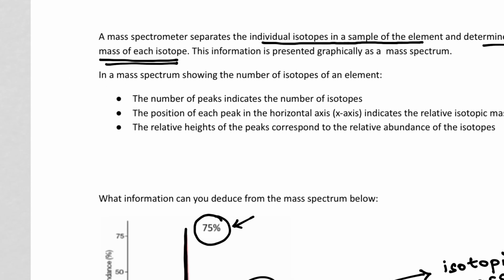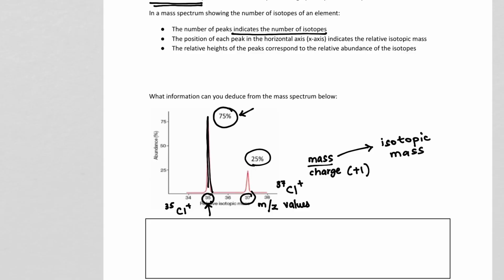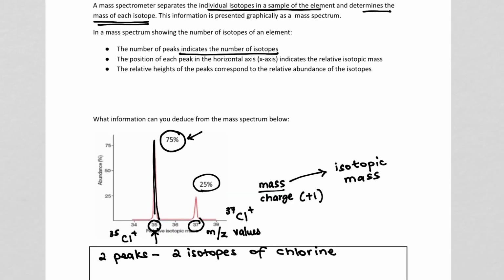So information that we can get from a mass spectrum: the number of peaks indicates the number of isotopes. So you have 2 peaks here, so there are 2 isotopes. Then the position of each peak on the horizontal axis indicates the relative isotopic mass.